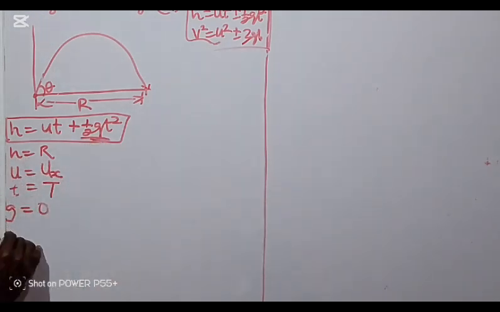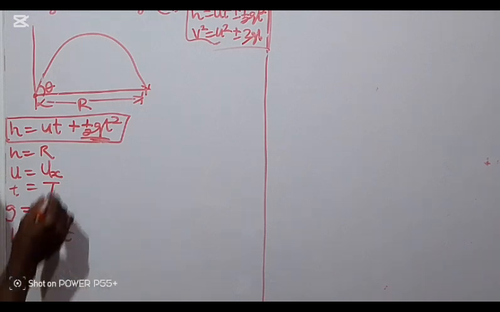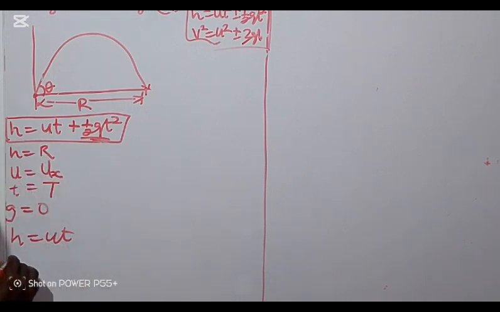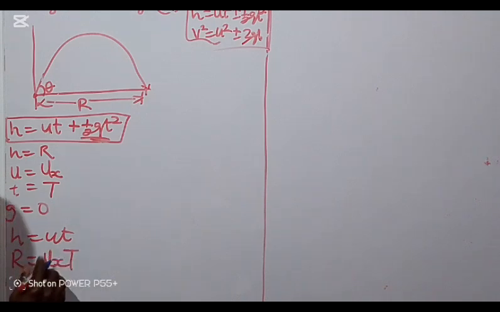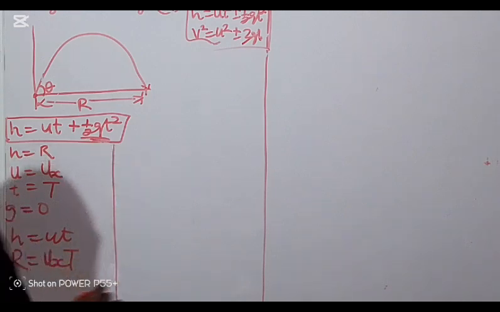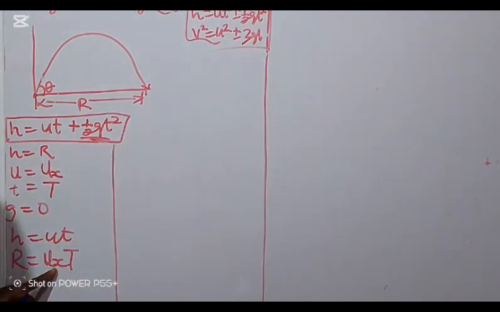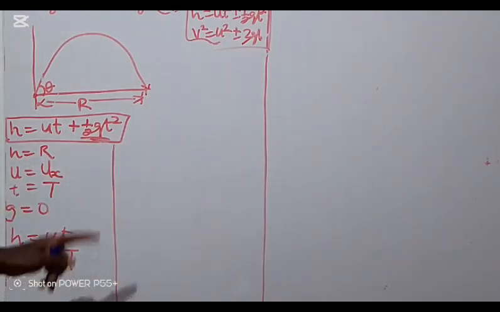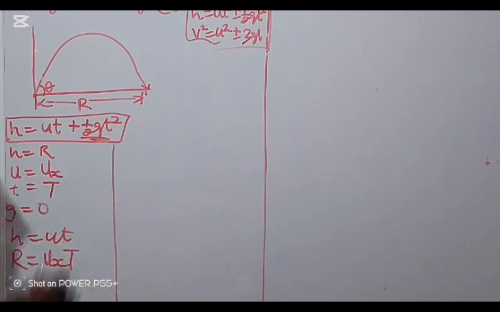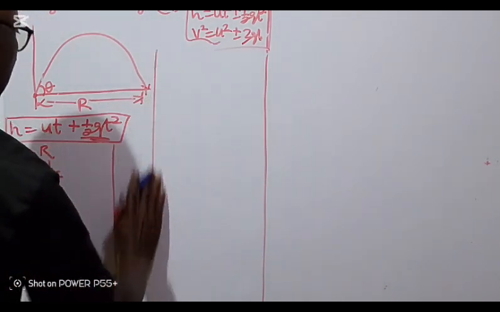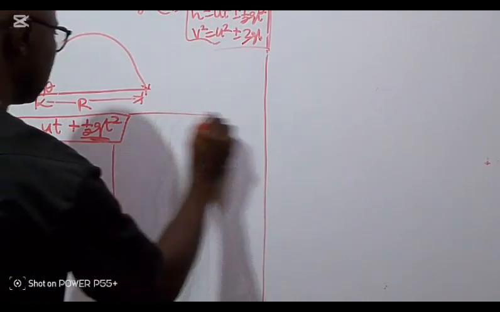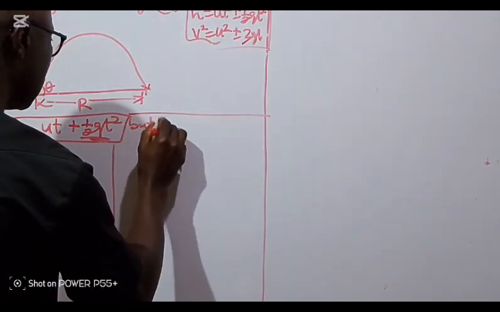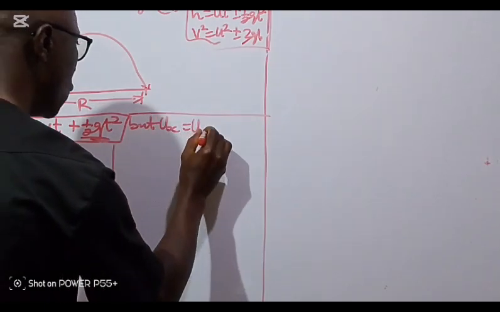And what we are left with will be h is equal to ut, complying with what I've written on the board. Our R will be equal to ux capital T. And don't forget, in the beginning, we said ux is the initial horizontal component of velocity. So ux is equal to u cos theta.